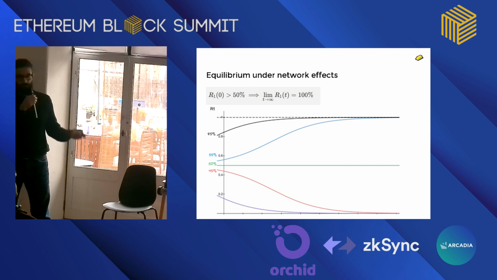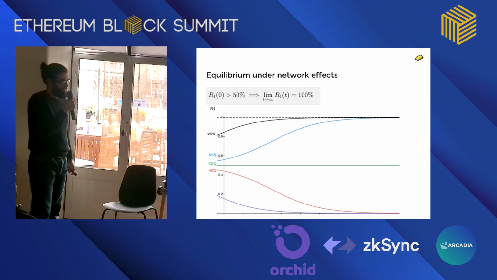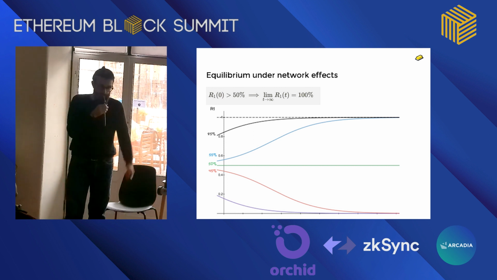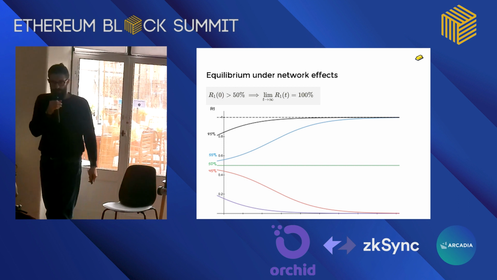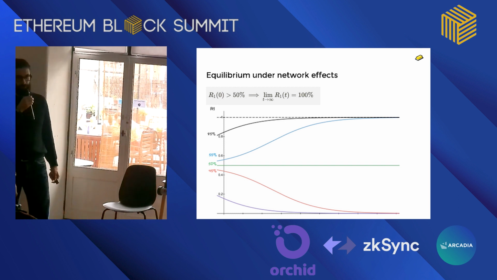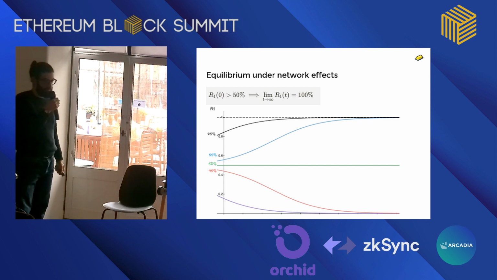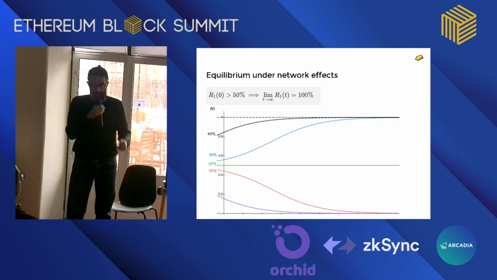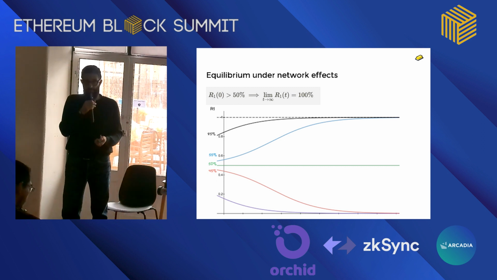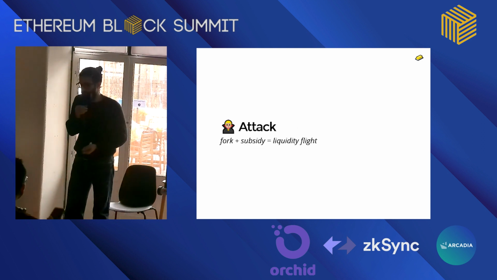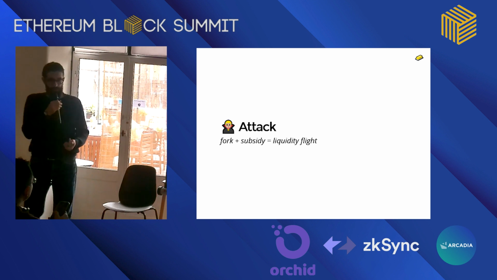So everything goes to the second AMM. That model confirms the intuition that whenever you start with a bit more liquidity, you should end up with all the liquidity over time. So that's the first thing: we are justifying the intuitions with a basic model.